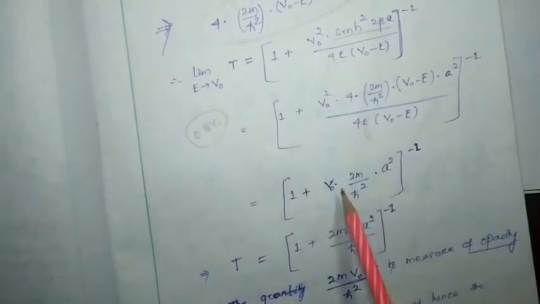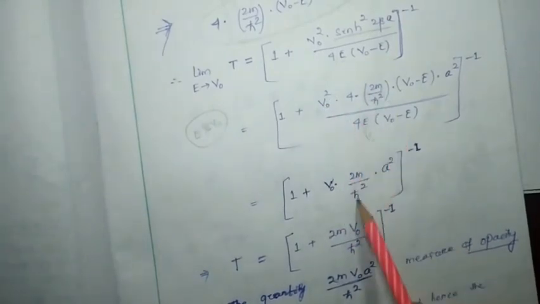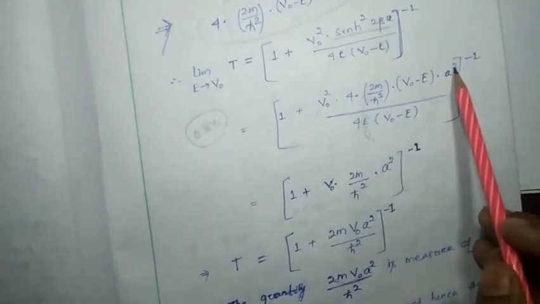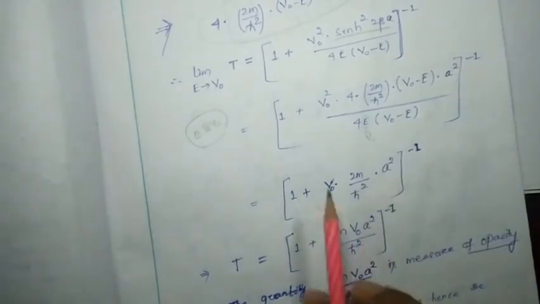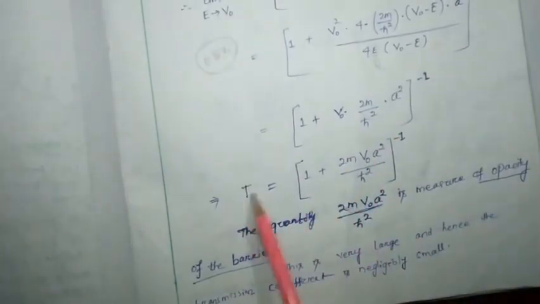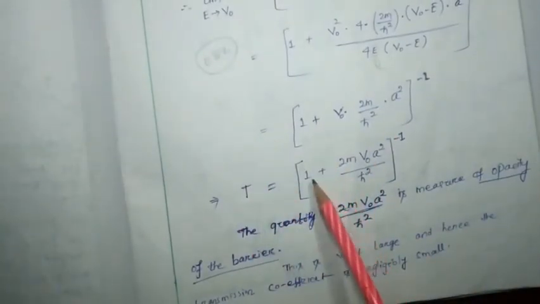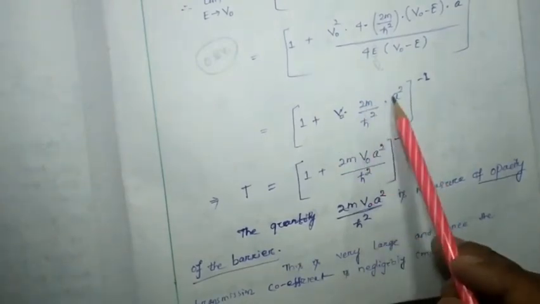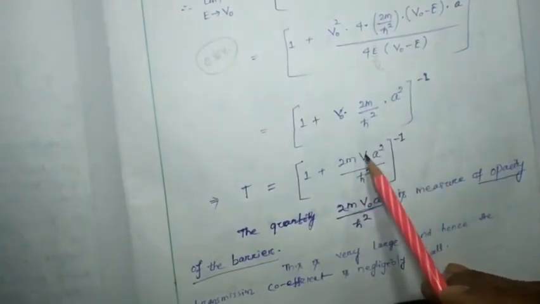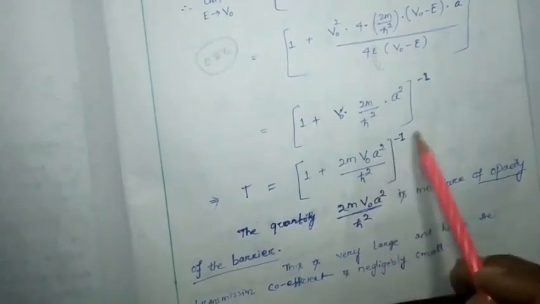So V0 into 2m by ħ square into a square, and whole inverse. Okay, so T will be equal to 1 plus 2mV0a square by ħ square, whole inverse.